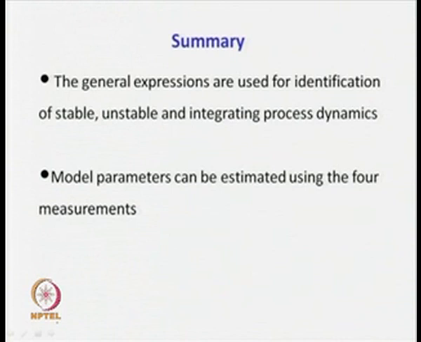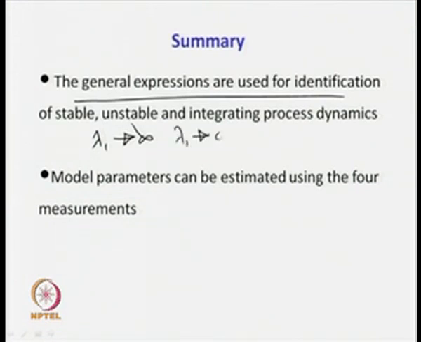So, what we have discussed in this lecture, the general expressions are used for identification of stable, unstable and integrating process dynamics with proper substitution of the limiting parameters such as lambda 1 tends to infinity or not, or lambda 1 tends to 0 or not, and so on.